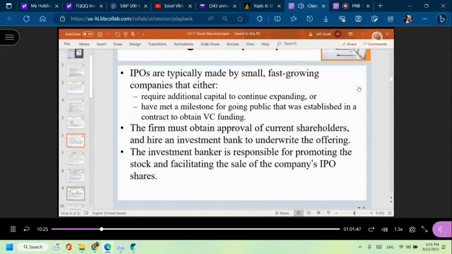So let's say 5 million is just a fictitious number, $5 million. And if they issue 1 million shares, let's say these 1 million shares are held between the venture capital and Mark Zuckerberg and a couple of other founding members.